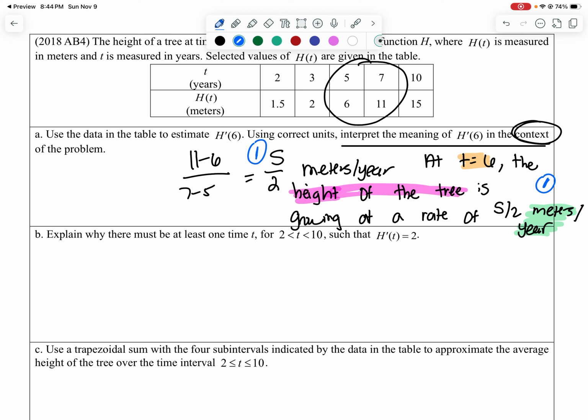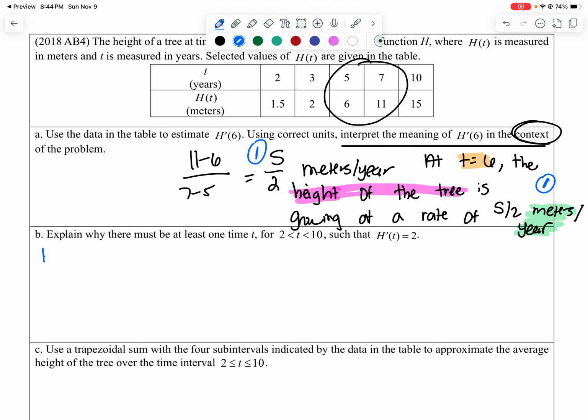Now, did I give you credit for it? I think for the most part I did. I can't remember, but I should not be seeing any limits. So in this case, I also took off if you didn't give me the interval, and if they were incorrect. Remember that differentiability is an open interval and continuity is a closed interval.